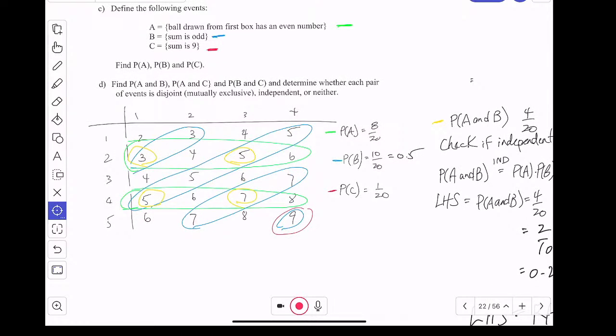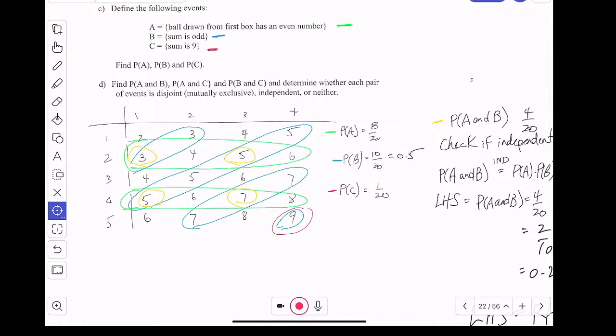Now, if you look at being in A, the green, notice that the yellows are half of the green. So what does that mean? It means when I go into the subset of A, the green, the chance of B didn't change. It's still 50%. Okay?